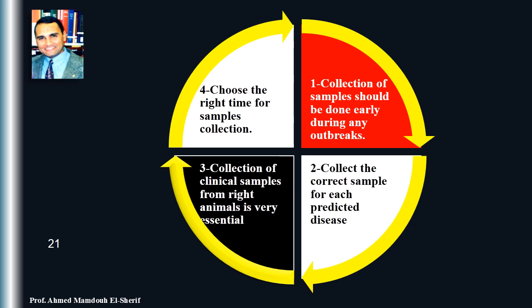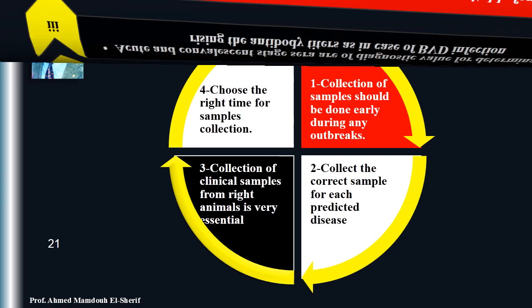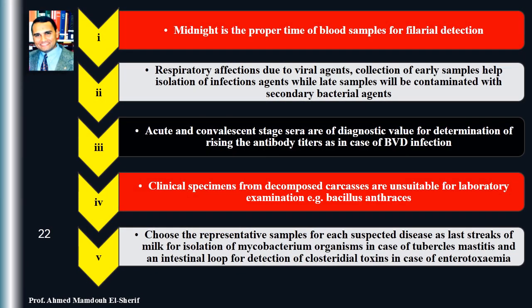Number 3. Collection of clinical samples from the right animals is very essential. Number 4. Choose the right time for sample collection. As an example, midnight is the proper time for blood samples for filarial detection.